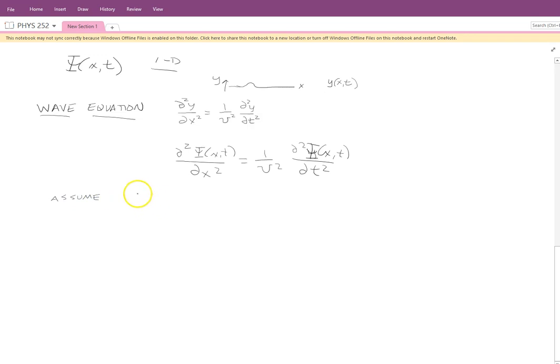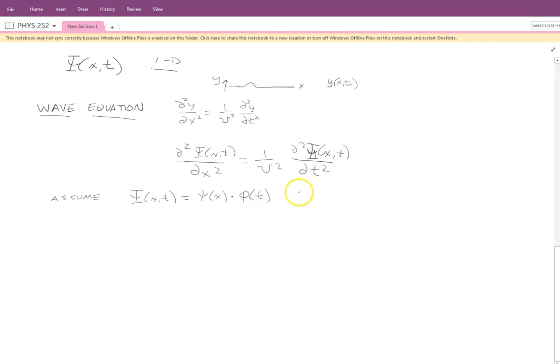We're going to assume that the wave function is separable. And you might recall this again from differential equations. What we mean by that is it's a function of both x and t, but it can be written as the product of a function only of x times a function only of t.